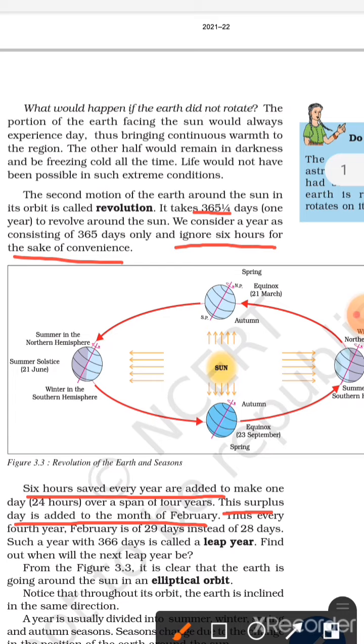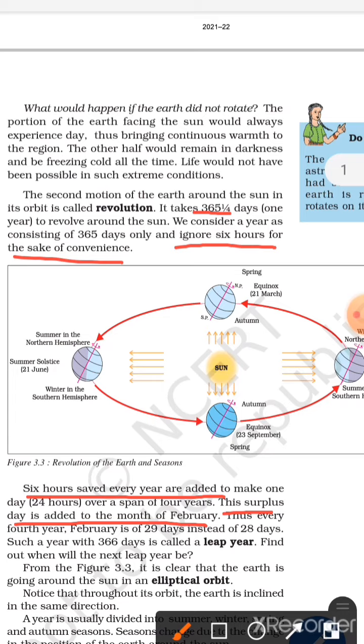Okay, so this surplus day is added to the month of February, and due to this reason every 4th year February is of 29 days instead of 28 days.